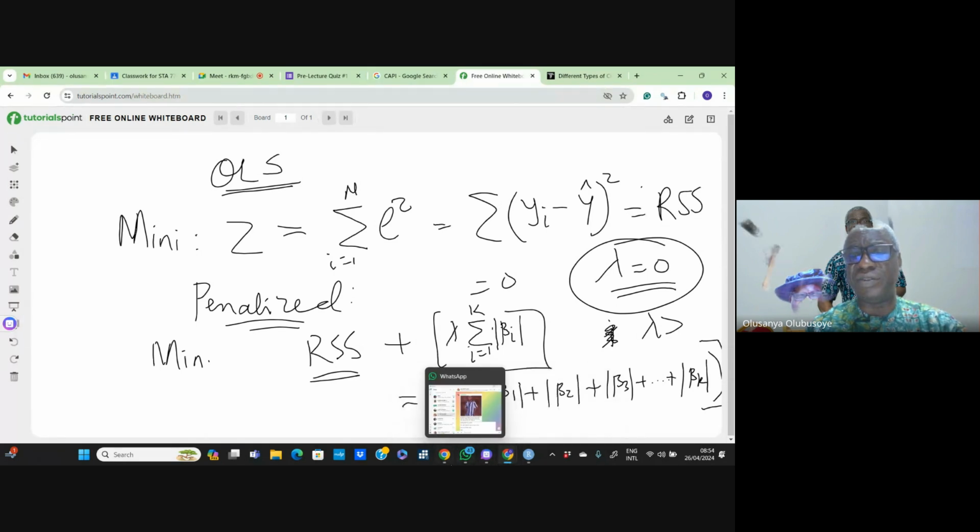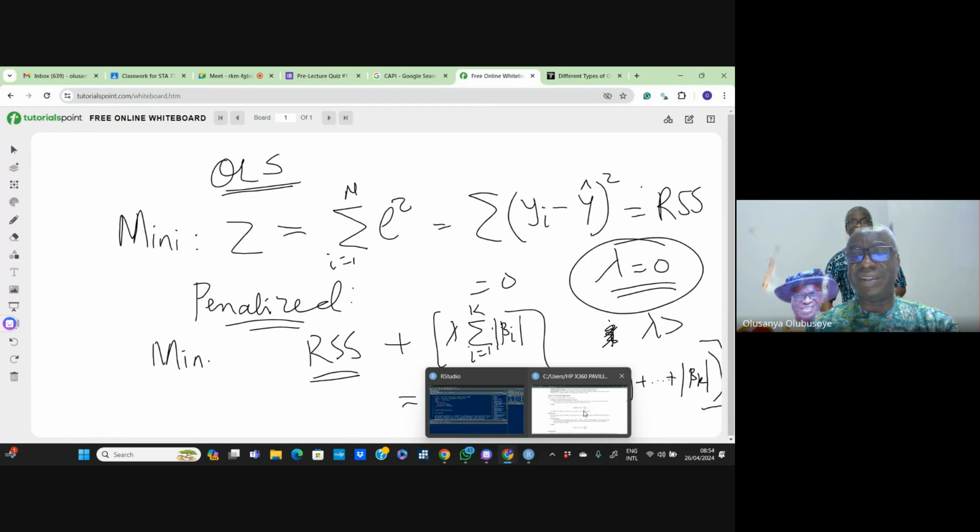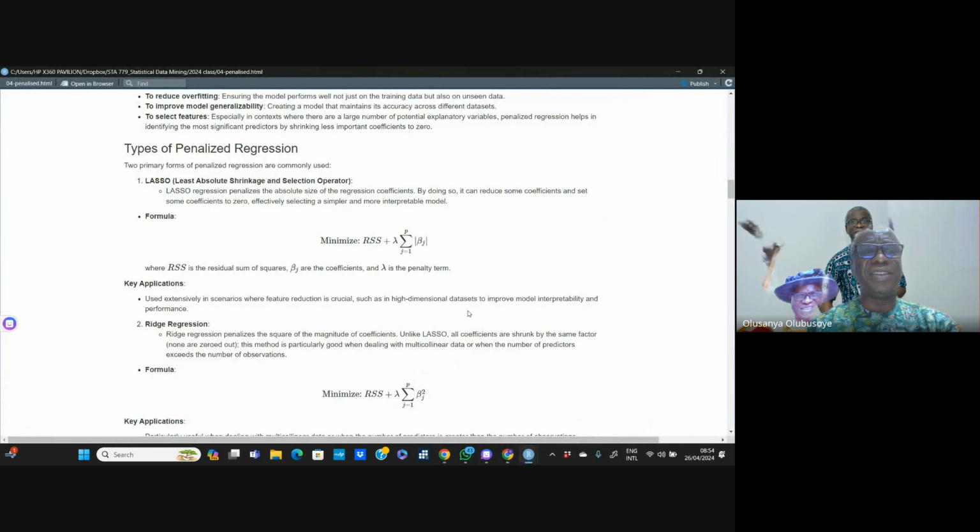Because if you continue to increase lambda, you might have a situation where you are even causing more damage, more problems. So one will have to search for the optimal lambda, but that's another issue.